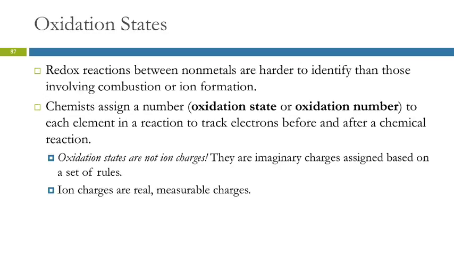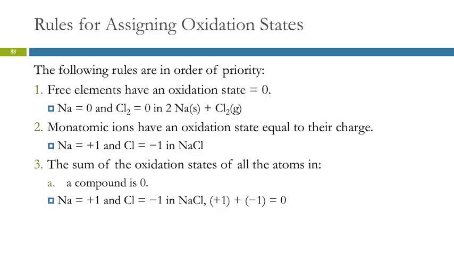These are imaginary charges, but they help us to figure out what's being oxidized and what's being reduced. What makes it confusing is that an oxidation state is often the same value as an ionic charge. And so you see that enough and then you start to think that they're charges, but they're not.